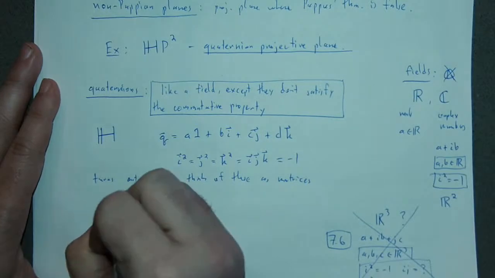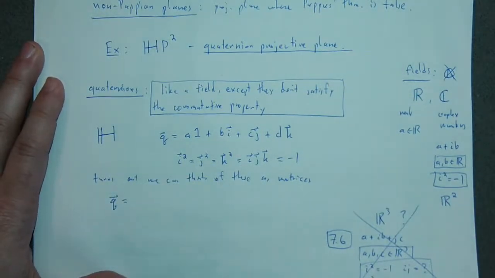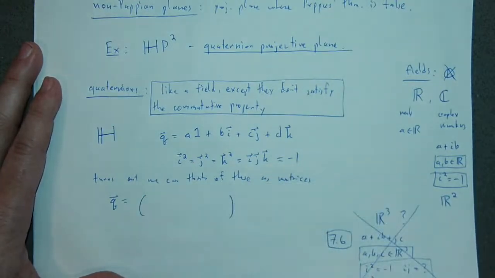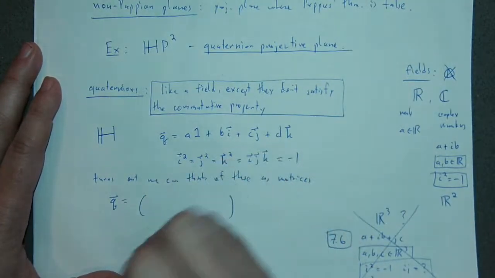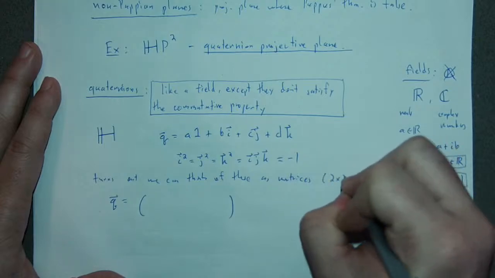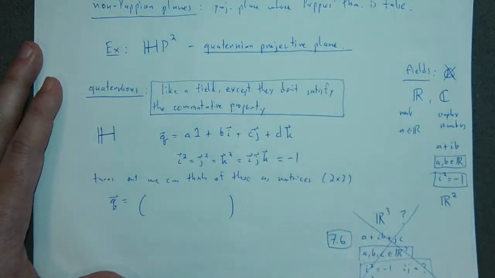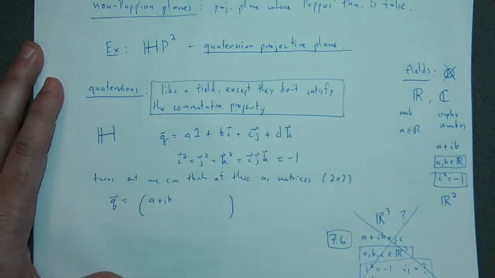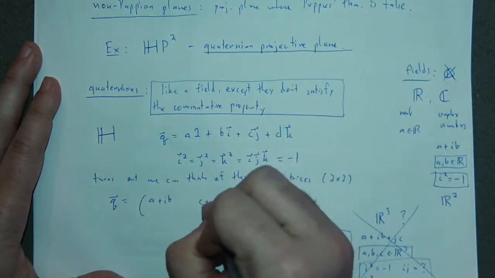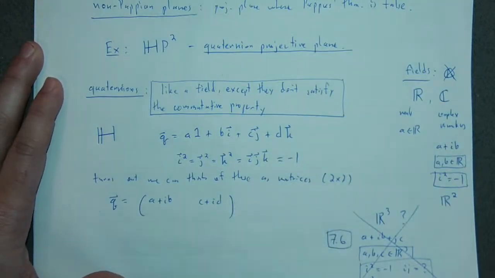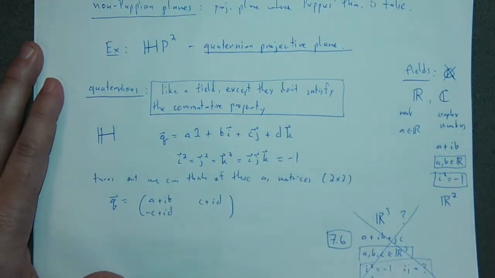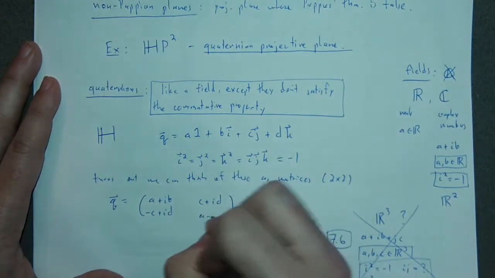Say this Q can be thought of as a matrix involving complex numbers. The matrix in question is a 2 by 2 matrix: A plus IB, C plus ID, minus C plus ID, and A minus IB.